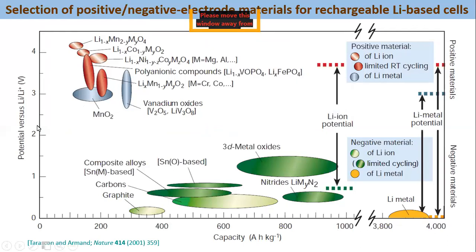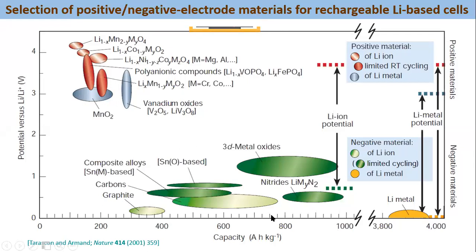Electrode materials at the higher potential side are usually used as cathodes, and electrode materials at the lower voltage side are used as anodes. Theoretically, lithium metal has the highest energy density, whereas graphite has a specific capacity of about 372 milliampere hour per gram.